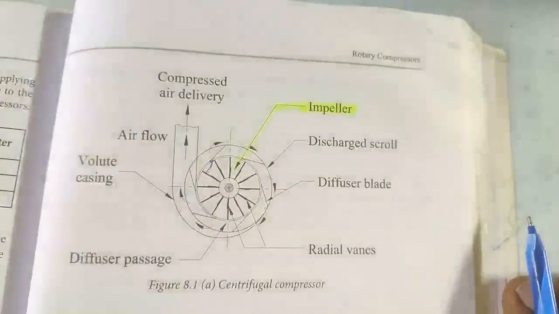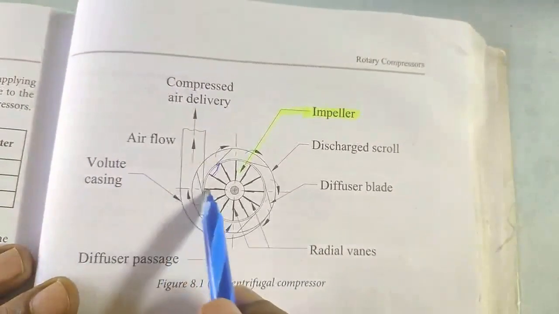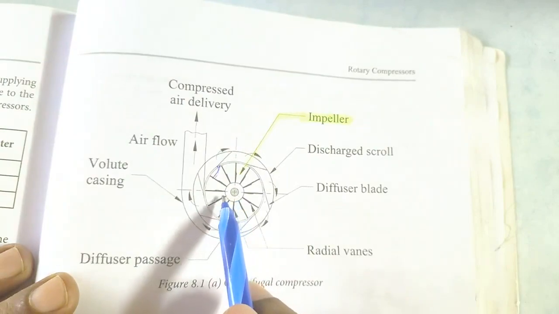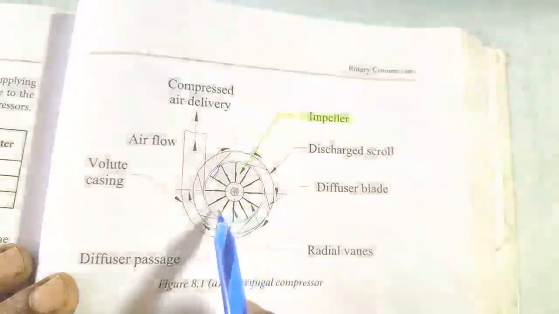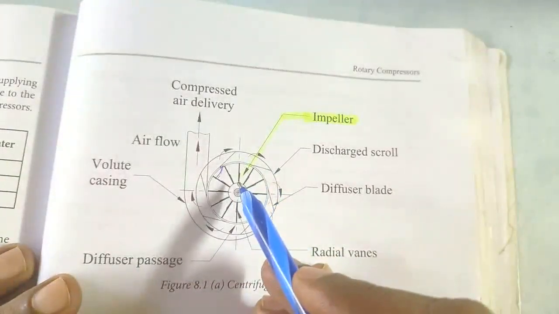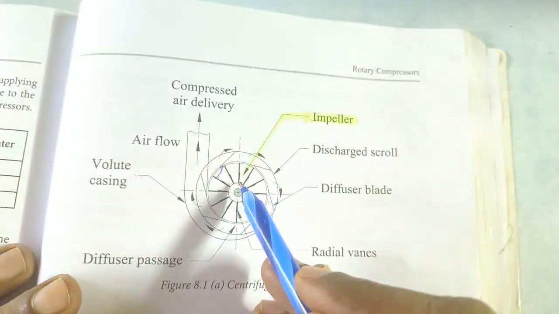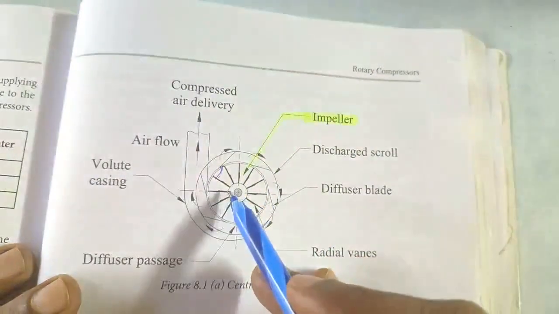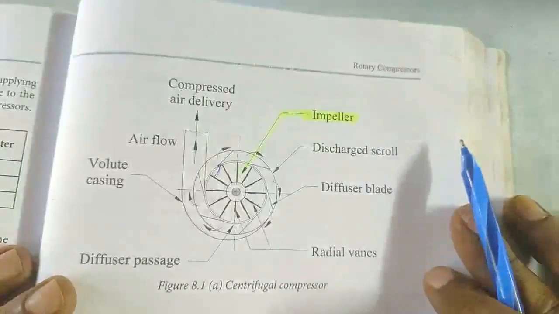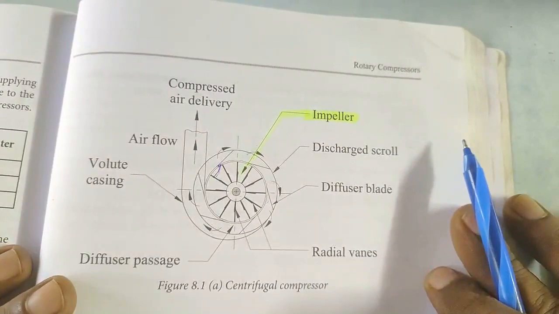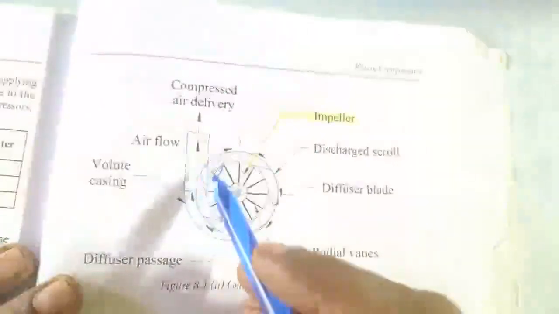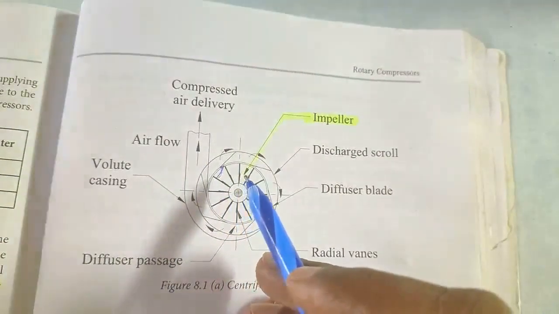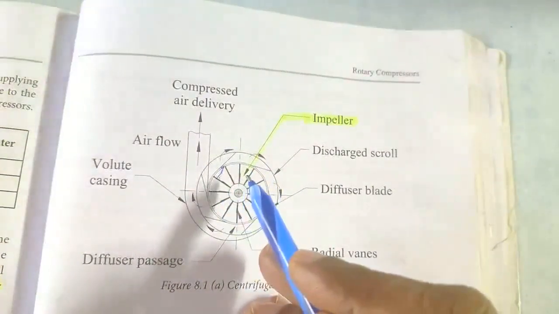So what happens? At the eye of the impeller, the air is sucked in, and as the impeller rotates, the air moves through the passages of the impeller, and a centrifugal head is developed. That centrifugal head causes the kinetic energy and pressure energy of the air to increase in the impeller.